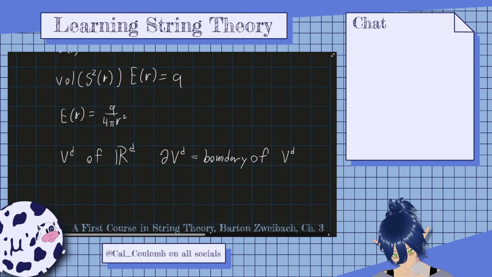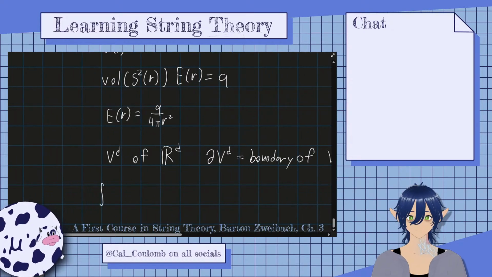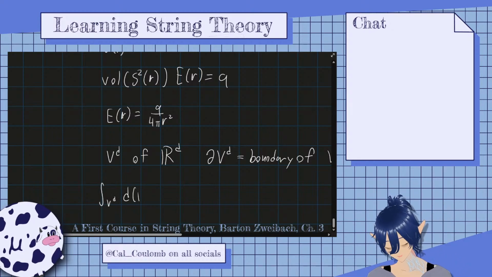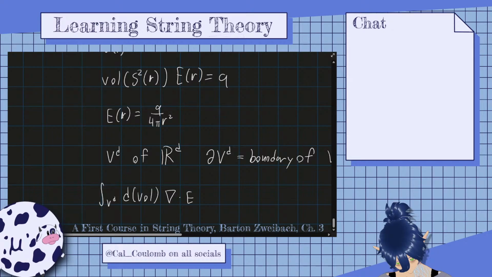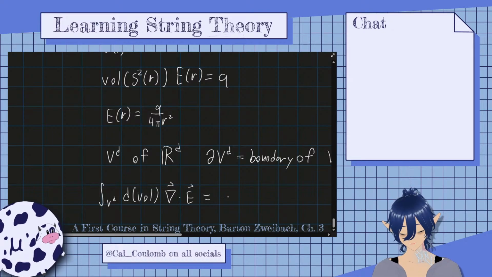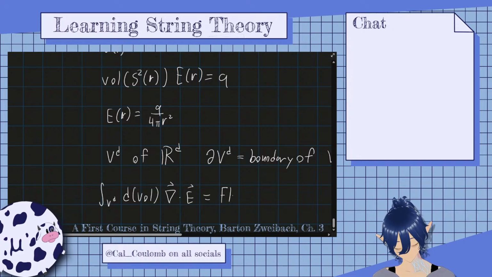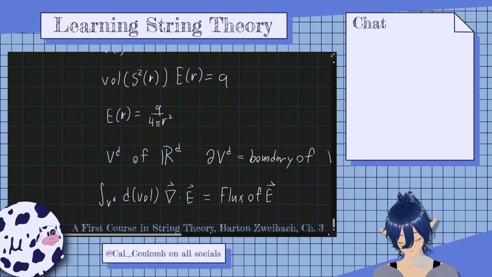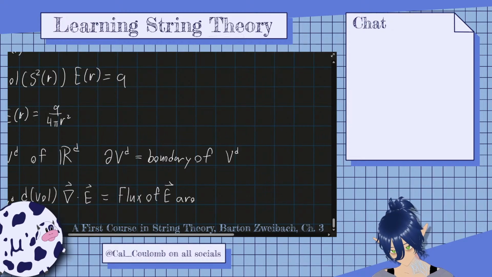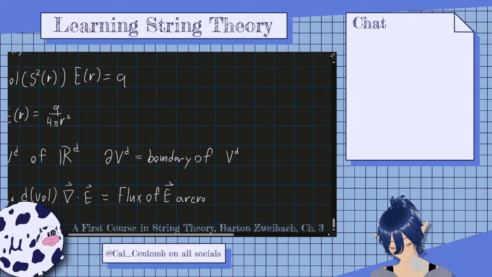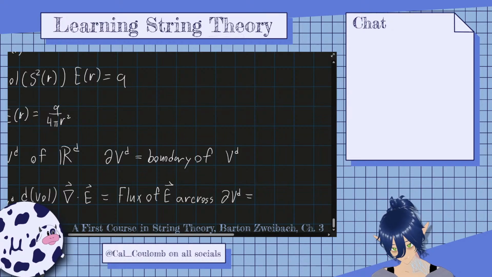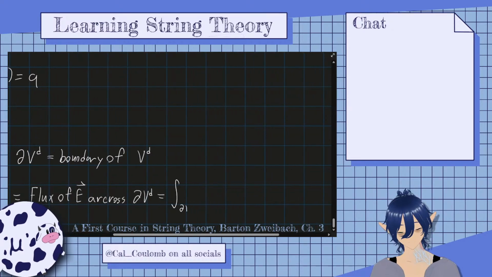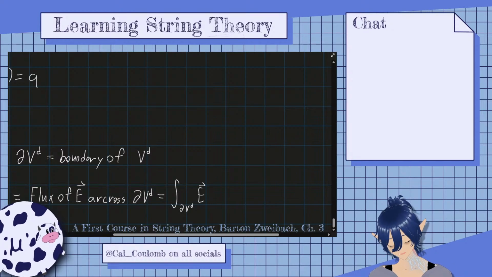The divergence theorem states that the volume integral over V_d of the divergence of E is equal to the flux of E across the surface ∂V_d, which is then just equal to the integral over ∂V_d of E dot dV.